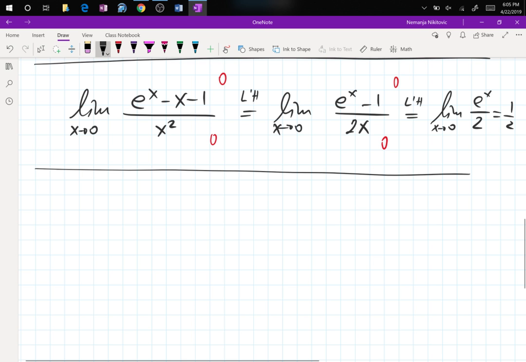All we're going to learn are the tricks, algebraic manipulations, to massage those problems into these, and then we use L'Hopital's rule. L'Hopital's rule only applies for 0 over 0 and infinity over infinity. Everything else has to convert into this, and then we get to use L'Hopital.